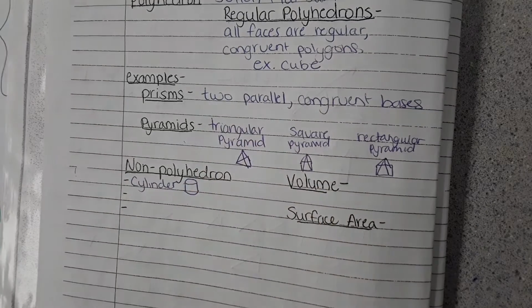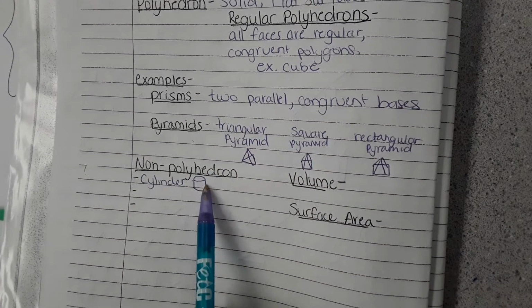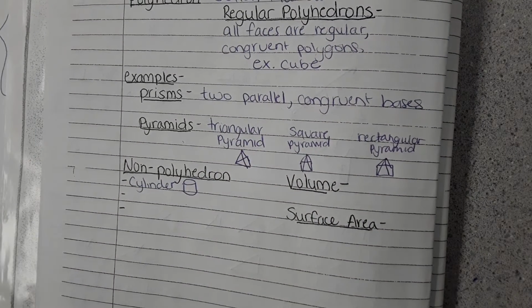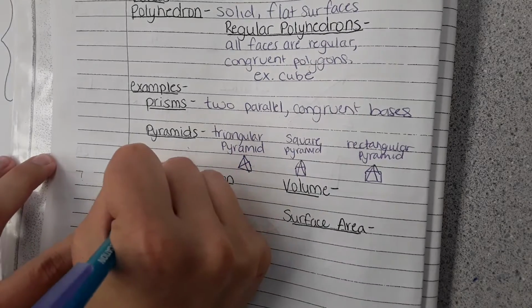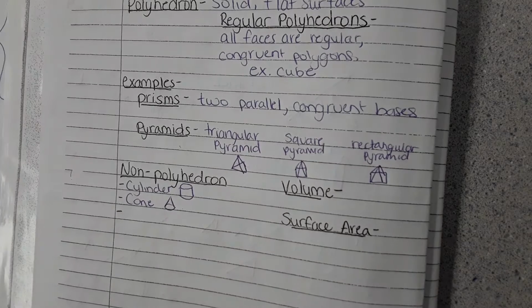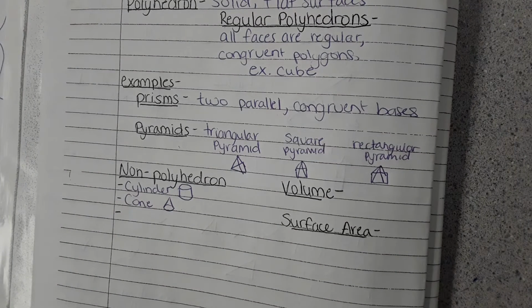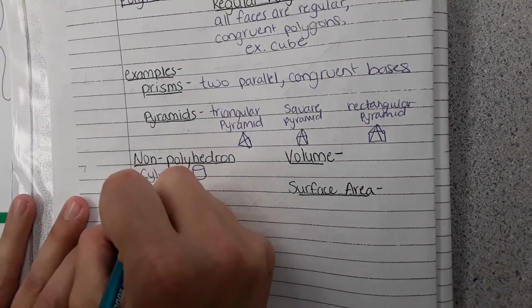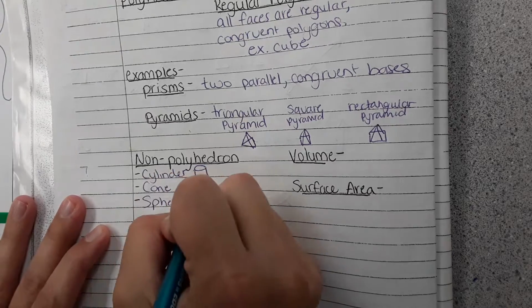This is not a polyhedron because it has curved faces, curved edges. A cone is a non-example as well. And a sphere is a non-example.